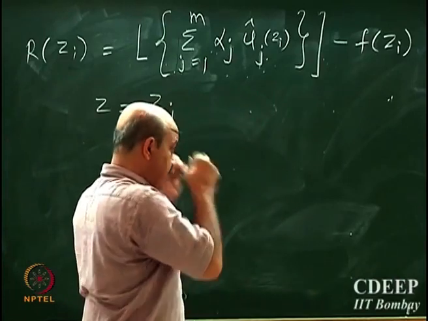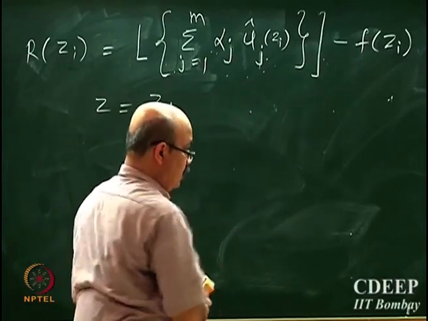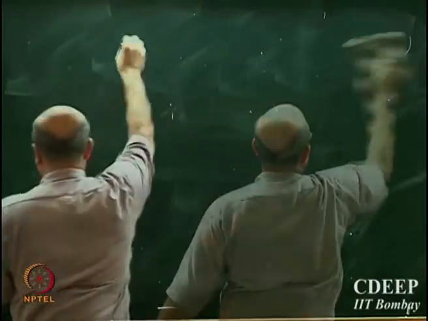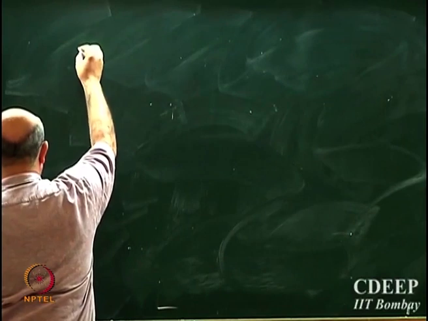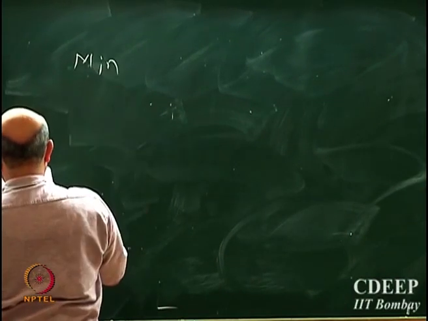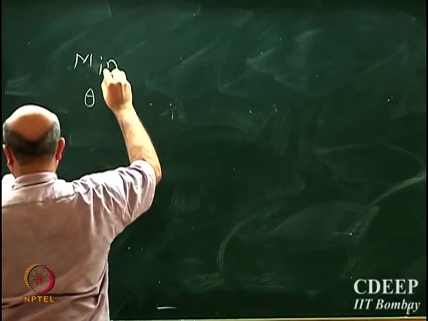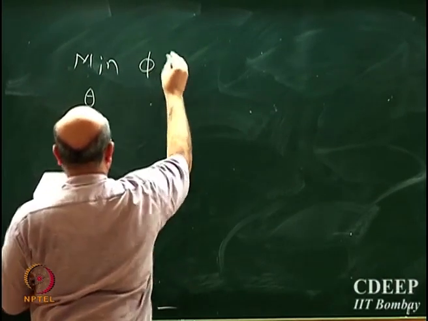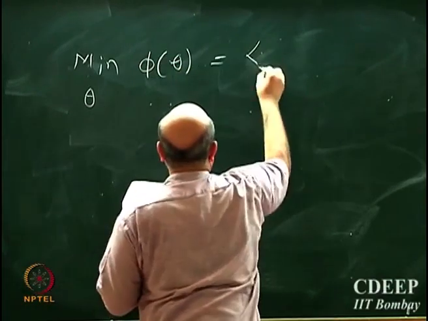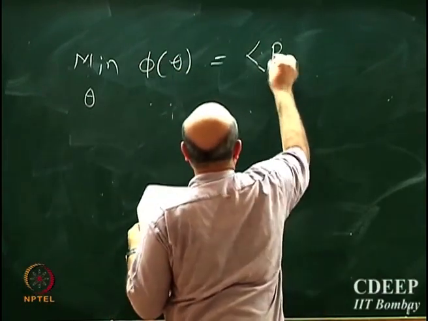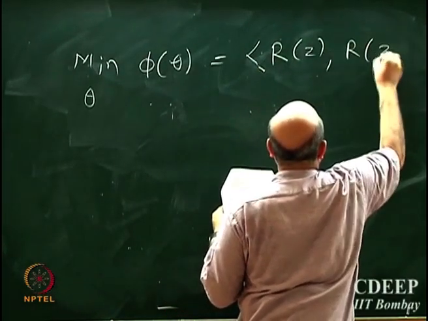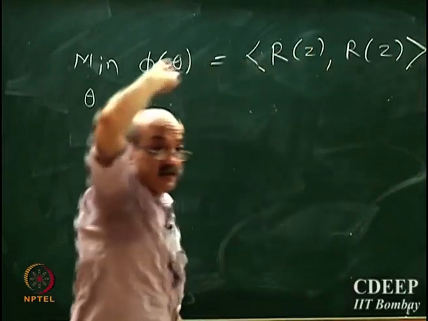So instead of forcing the residual to be 0 at each grid point, what I'm going to do here is pose my problem as: minimize with respect to theta phi(theta), which is equal to the inner product of R(z) with R(z).